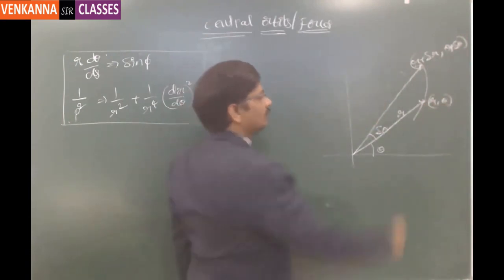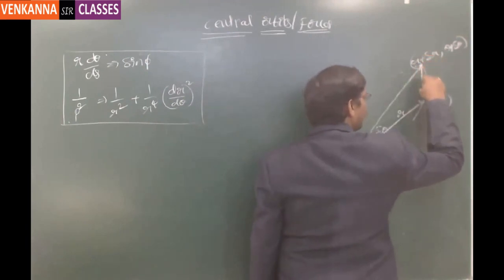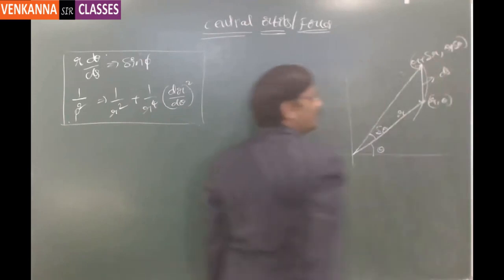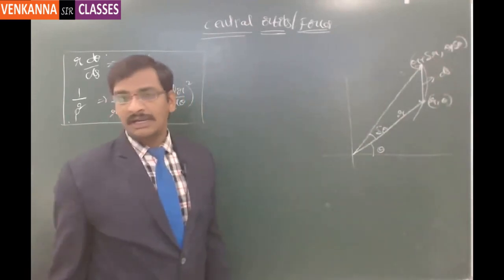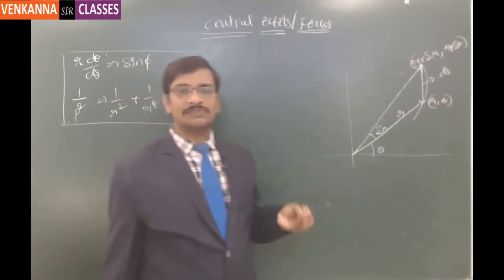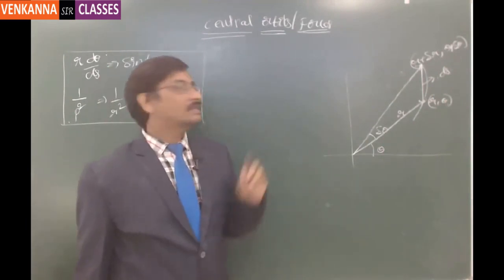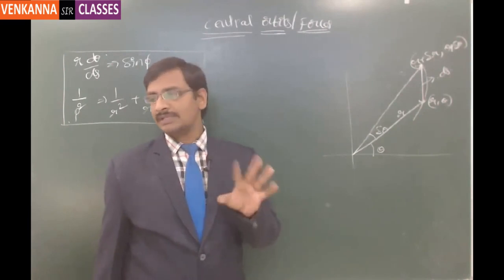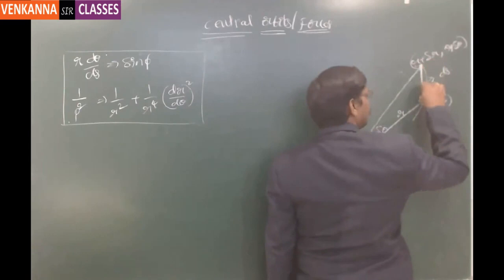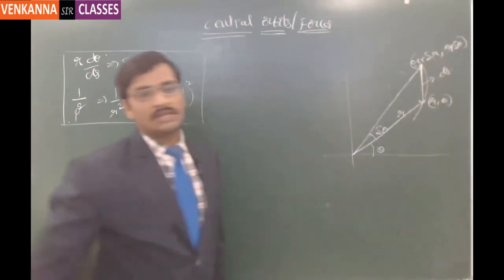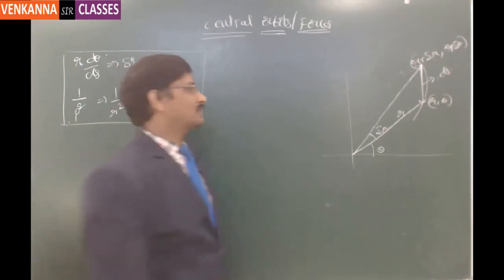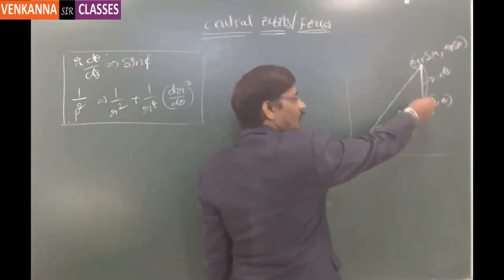Now suppose I join a line here, and this line we call ds. Why we call it ds is that it is nothing but the arc length at any instant. So whether I specify it or not, as and when ds occurs, you can treat that as the arc length. I call this length the arc length because we are going to use the calculus where the length delta s tends to 0, which essentially means that r plus delta r overlaps onto r.